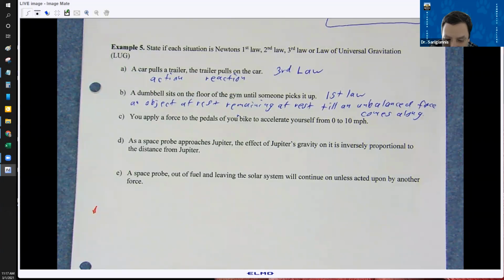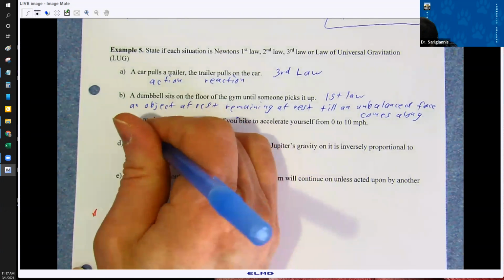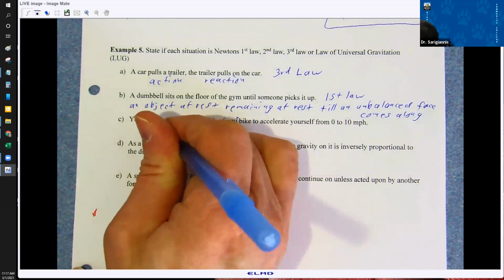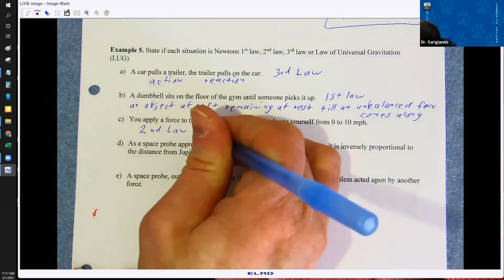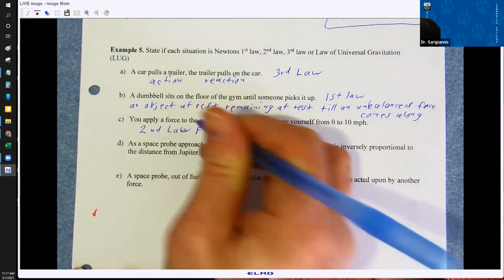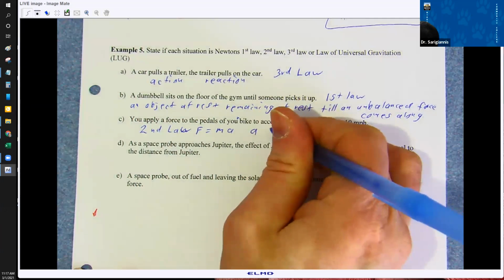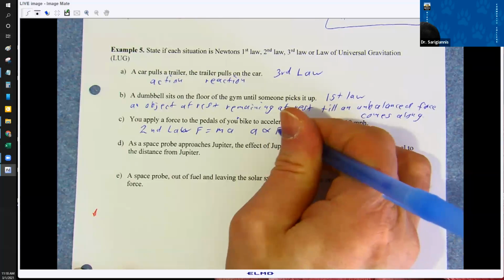Yeah, so it looks like most people have said Newton's second law, which is what the intention was here. So this is the second law. Force equals mass times acceleration, and acceleration is directly proportional to the force applied.